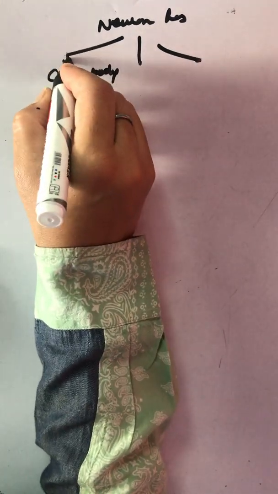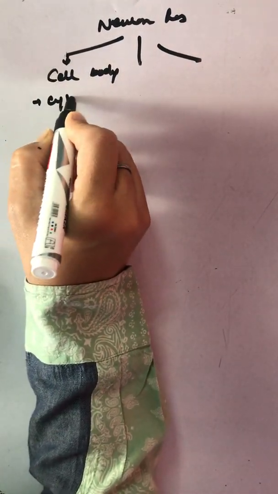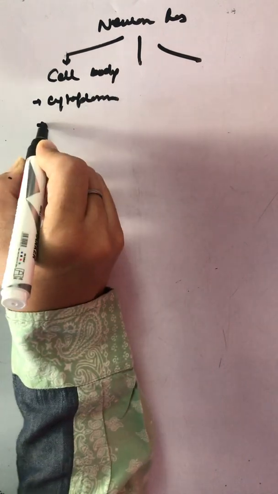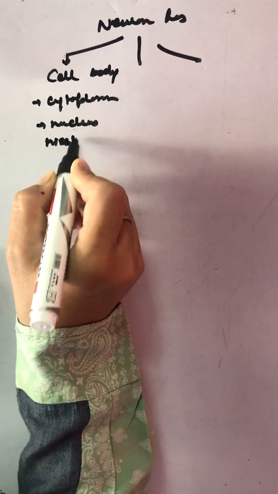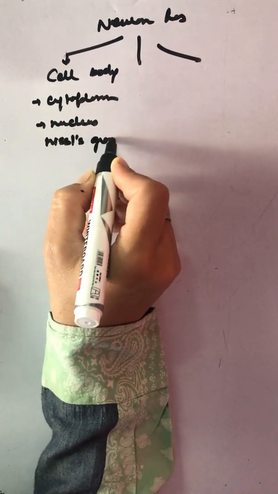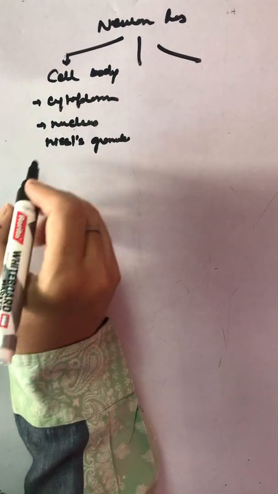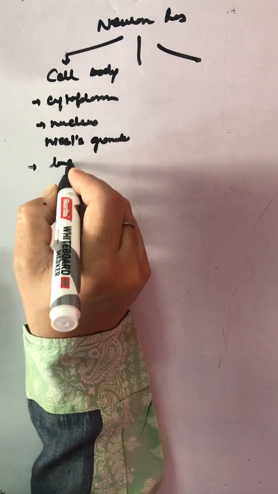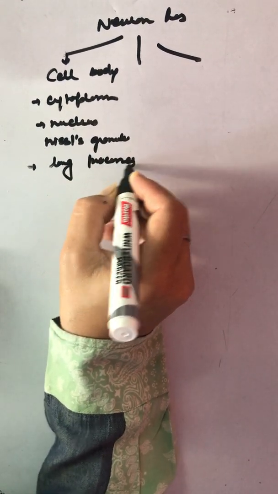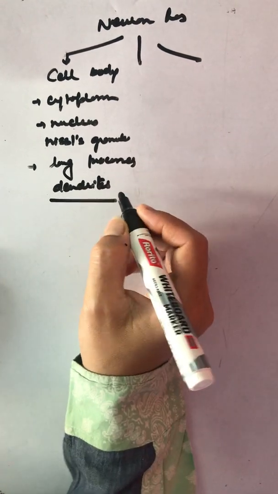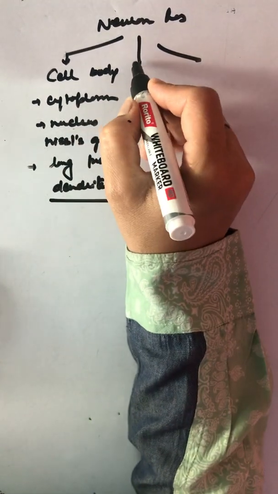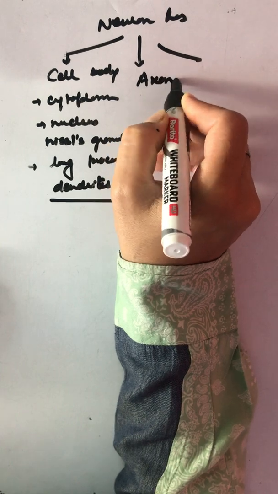Cell body contains cytoplasm, which has nucleus and Nissl's granules, along with long processes which we call dendrites or dendrons. These are the outgrowths. Number two, we say axon.